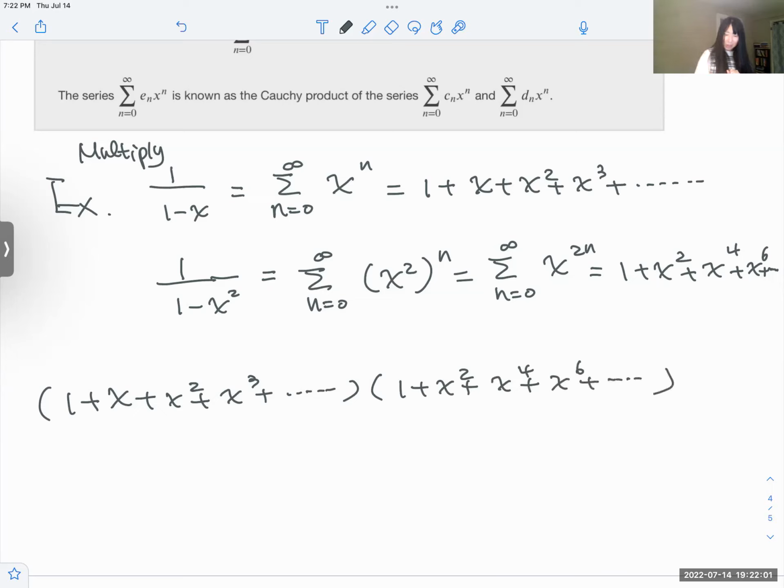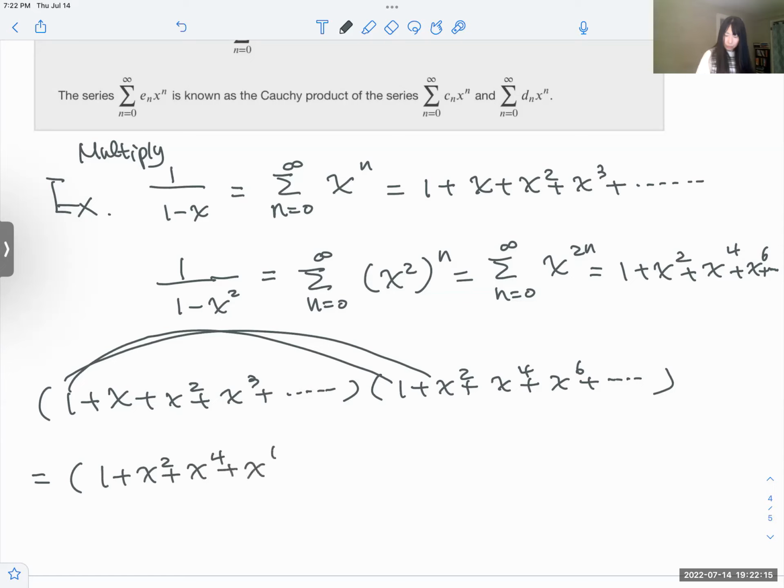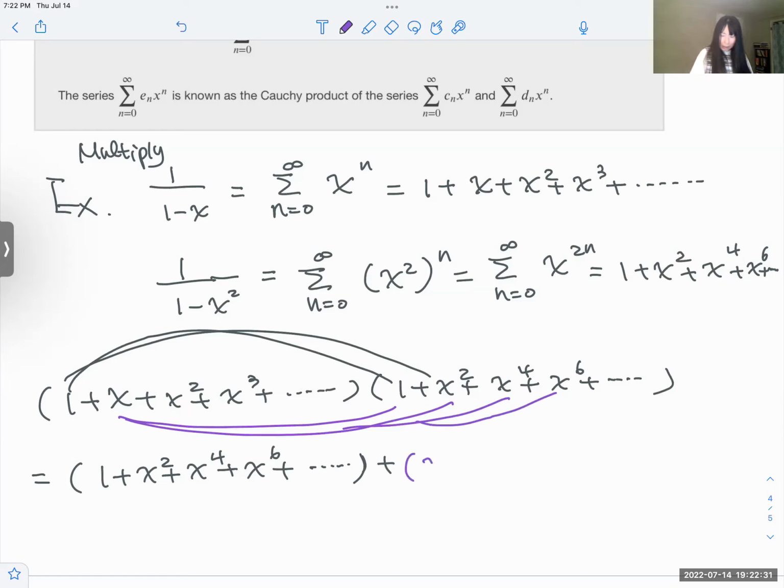So 1, we do everything, then we get just this polynomial. Then add, we will do the second term with everything here. This will be x plus, please correct me if I make a mistake, x to the third power plus x to the fifth power.